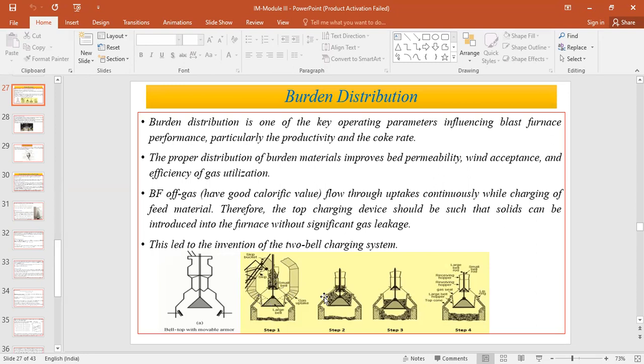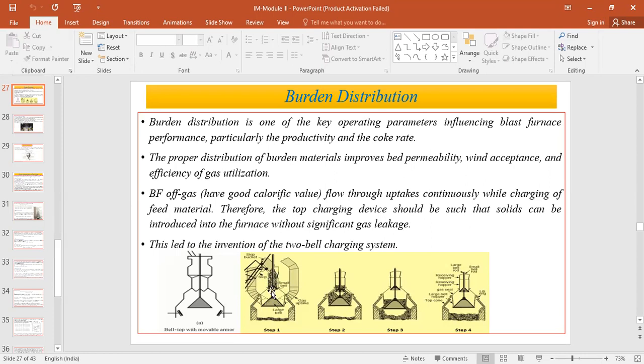Now the working of this type of charging system: these two bells are lowered down one after the other, meaning when one is in the closed condition, the other one will be in the open condition.